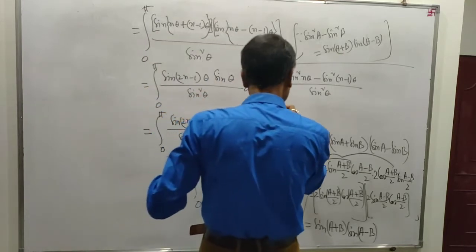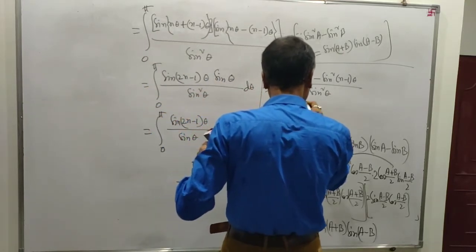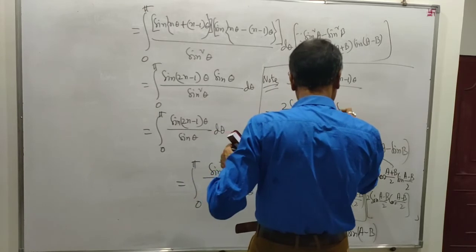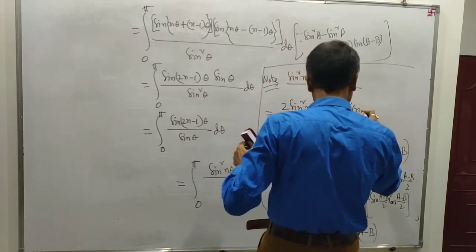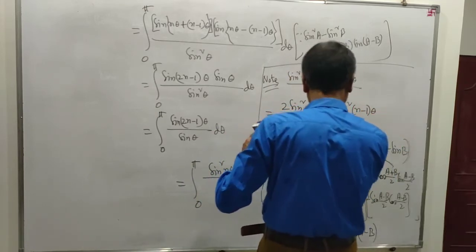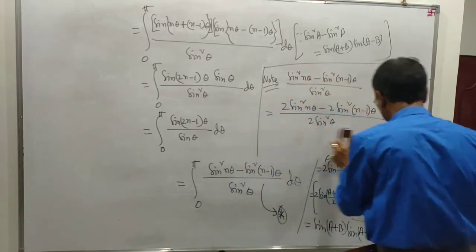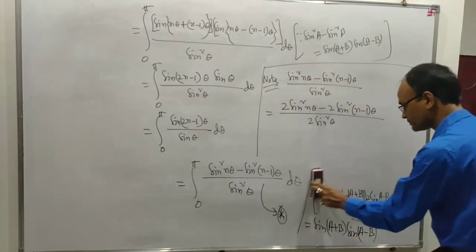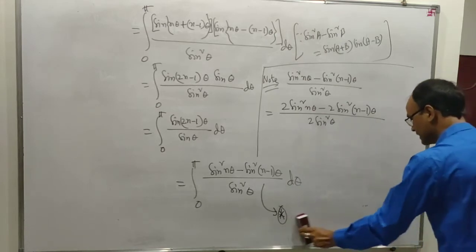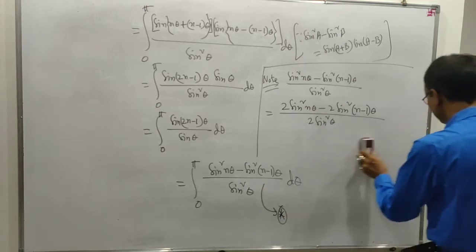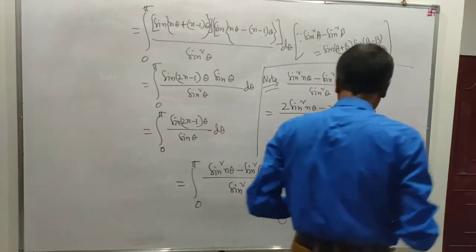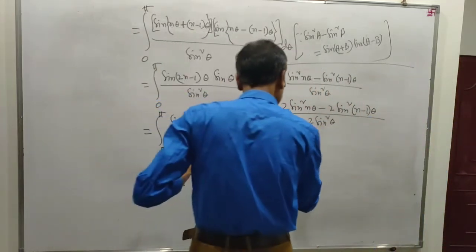Now, multiply numerator and denominator by 2. Then you will get this.